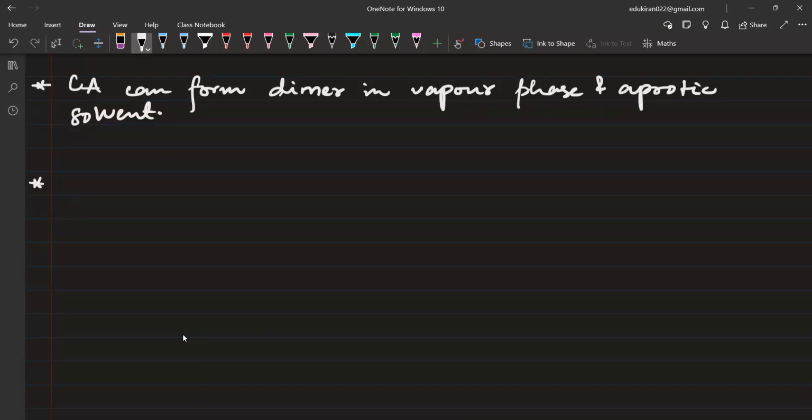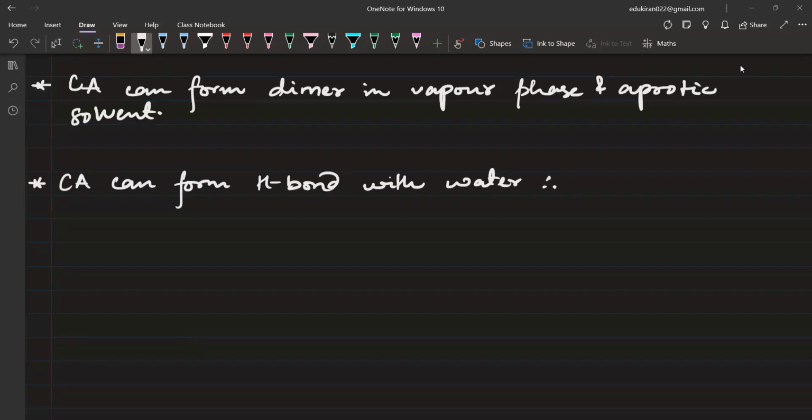You will write next. Carboxylic acid can form hydrogen bond with water. Therefore, it is soluble in water. ठीक है, it is soluble in water. Right, next point.